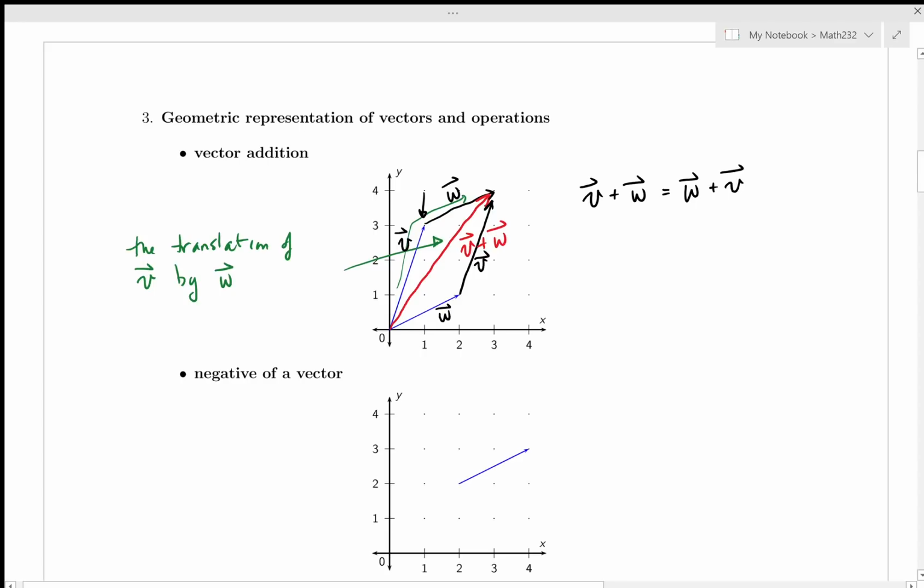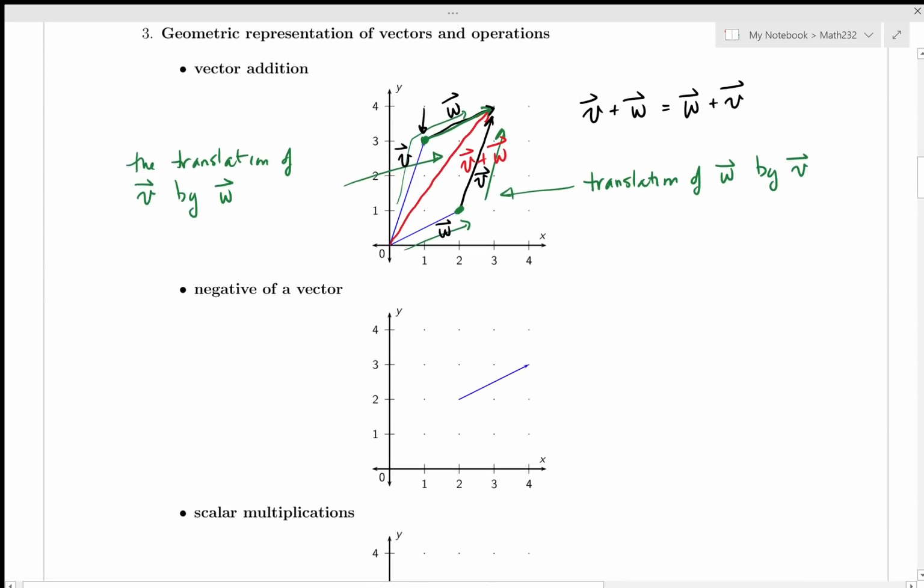That means I take the terminal point of V and I move it along W. If I'm thinking of going this way along V and then up that way, I'm taking the terminal point of W and moving it along V. So on this side here, I can think of this as the translation of W by V. Okay, so that's just, again, a lot of notation and vocabulary to describe what we're doing.